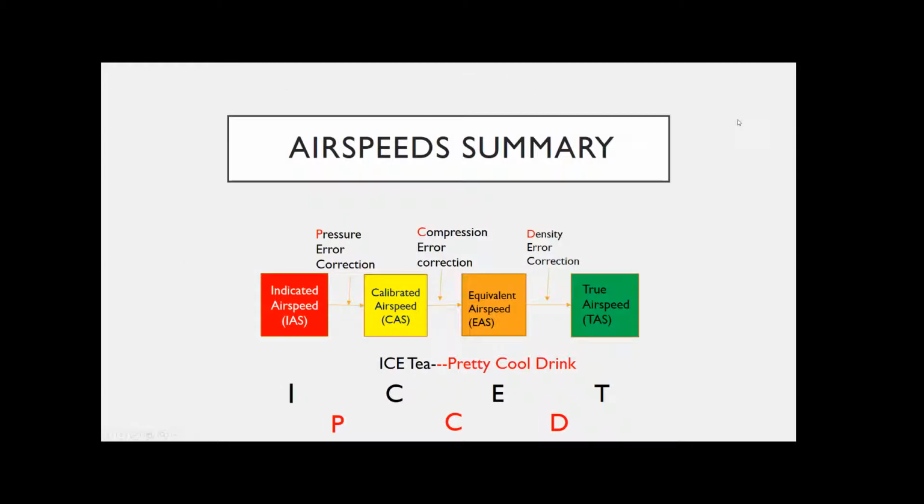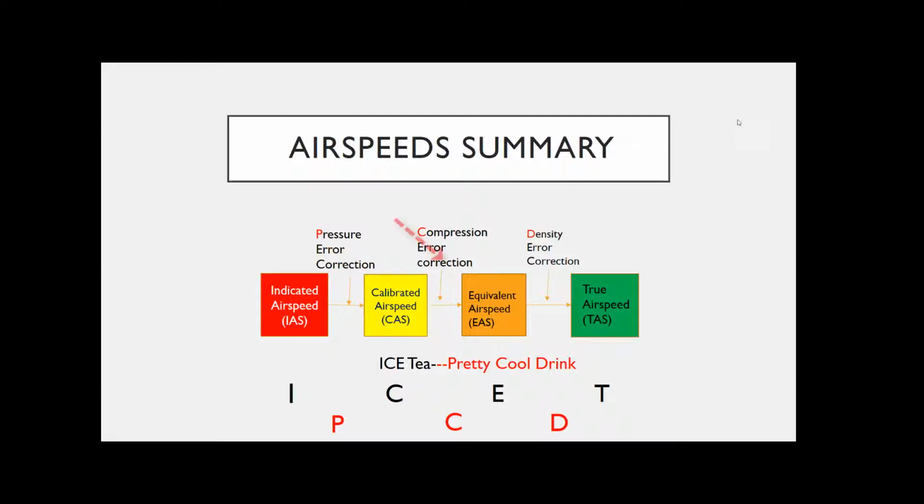Here is a summary of what we have been talking about. Calibrated airspeed is indicated airspeed corrected for pressure error correction. Remember, we said this was done due to instrument error, position error, and lag pressure.